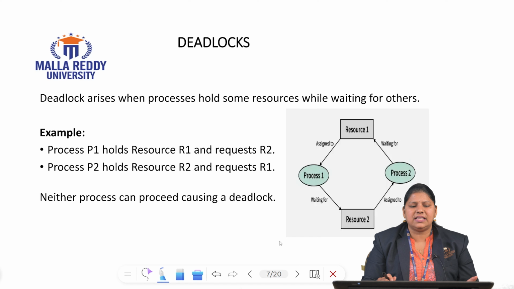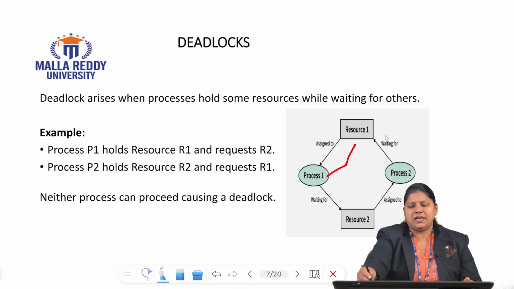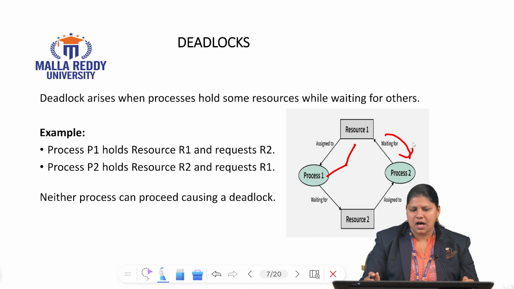So coming to the example of deadlock. Deadlock arises when processes hold some resources while waiting for others. Here P1 holds resource R1 and requests R2. Process P2 holds R2 and requests R1.